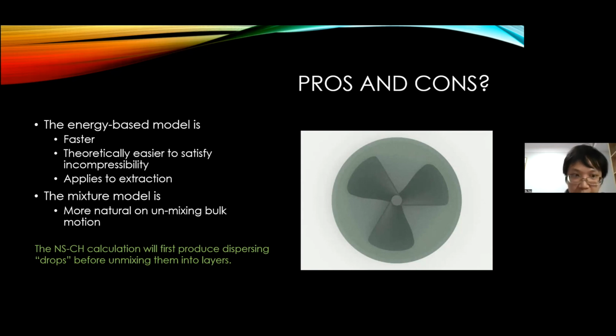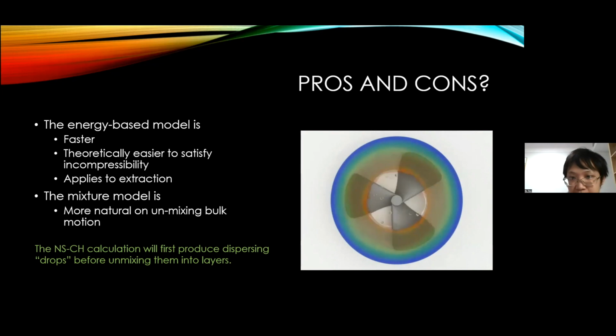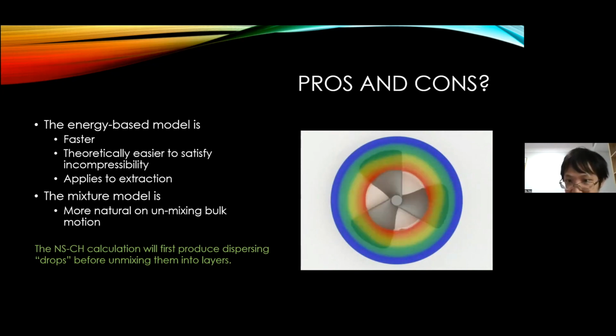And currently, the third one is that it applies to extraction, but it also has some drawbacks, which are the advantages of the mixture model. If we face this unmixing motion, you will see that these several phases are actually immiscible, but originally we manually set them to be in a mixed state.